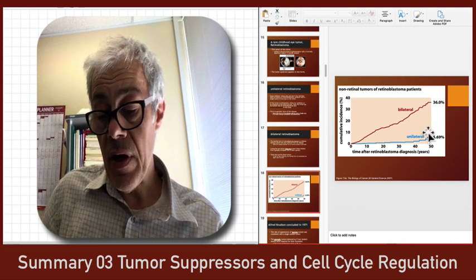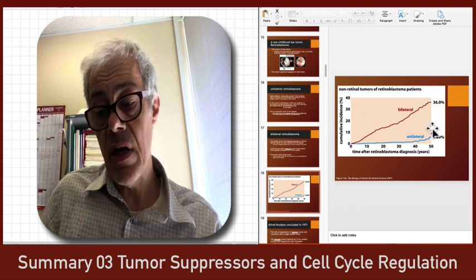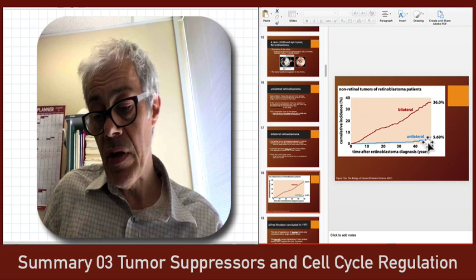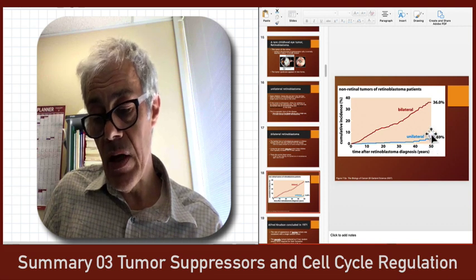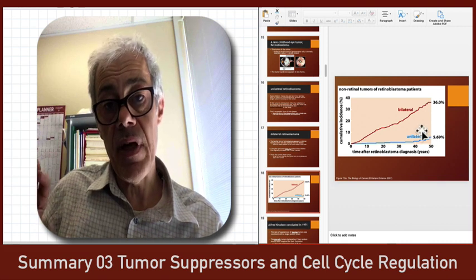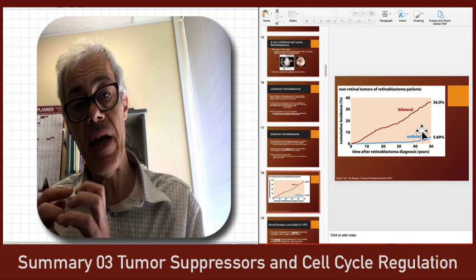Whereas the sporadic form of retinoblastoma, which occurred after fertilization, would occur in the group of cells that became one of the eyes, not in the group of cells that became both of the eyes.